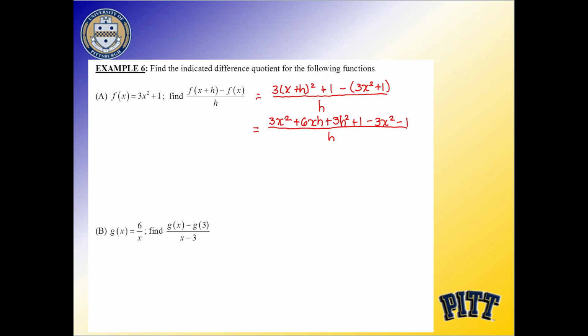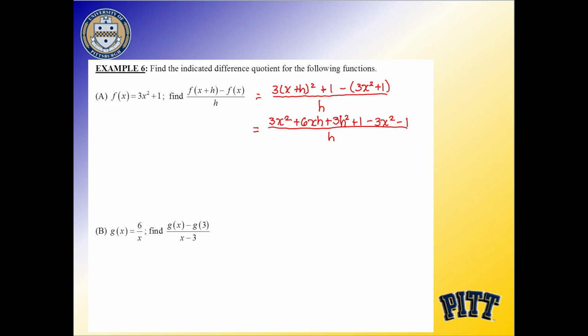When I deal with difference quotients, my goal, for reasons that we're going to talk about towards the end of the course when we start talking about limits, is to have that h that originally appears down in the denominator cancel. Where I stand right now, even after I do the foiling for the x plus h squared, distribute the 3, and distribute the negative next to the 3x squared plus 1, I have some terms on top that have h and some that do not.